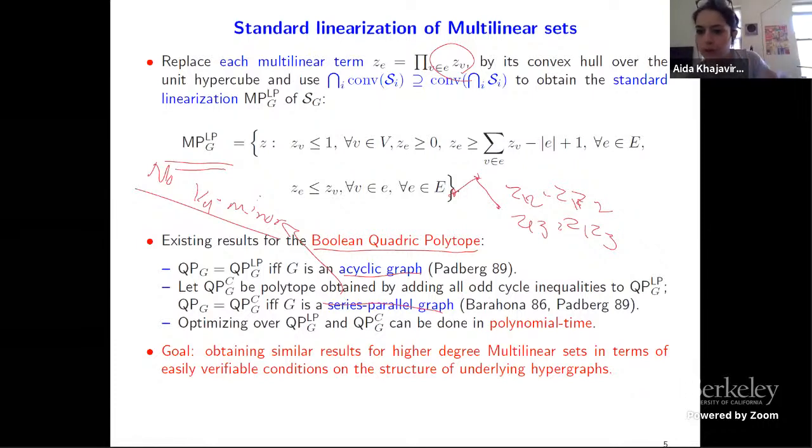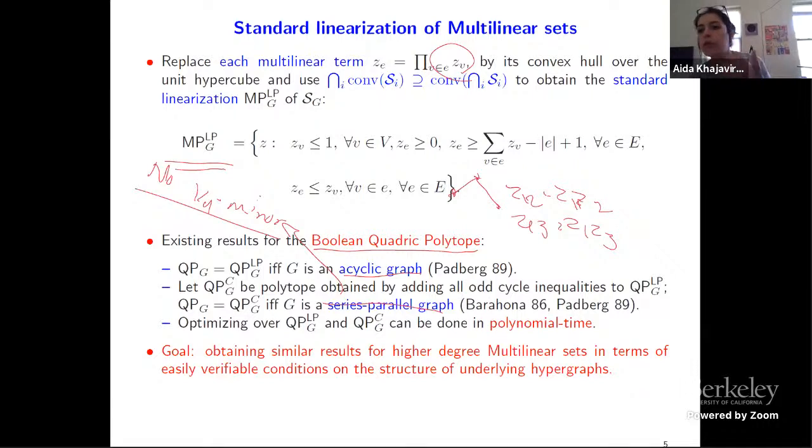If you input it in the nonlinear way, inside a nonlinear solver, they recognize these multilinear terms, and even for a general graph that is not series parallel, they look at the graph, recognize chordless cycles, add odd cycle inequalities corresponding to those chordless cycles to the LP, solve that for lower bounding, and then they get better bounds.